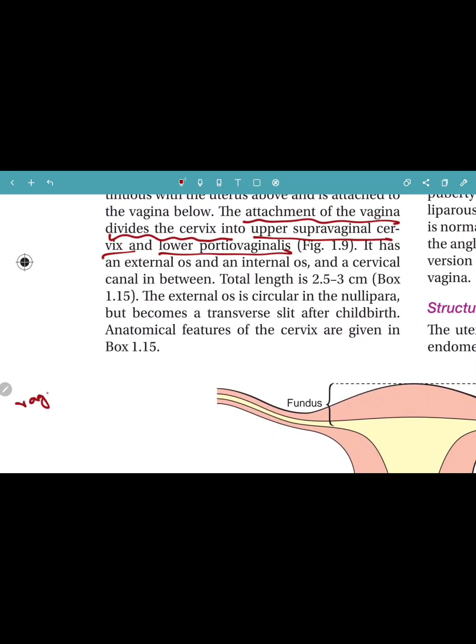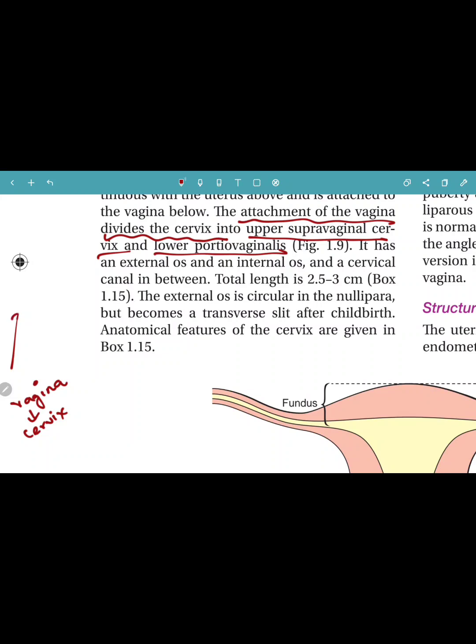So the vaginal attachment with the cervix divides it into two regions, an upper supravaginal cervix and a lower portio vaginalis.